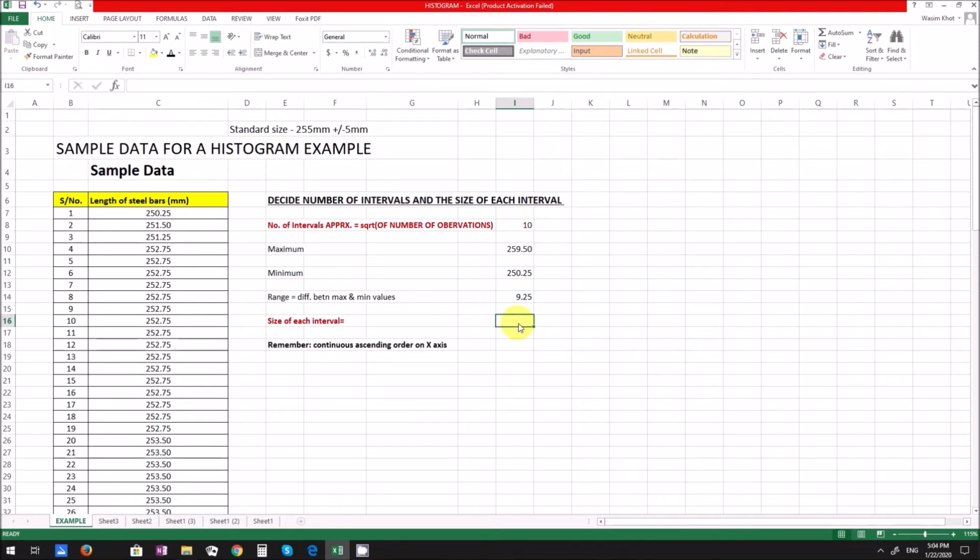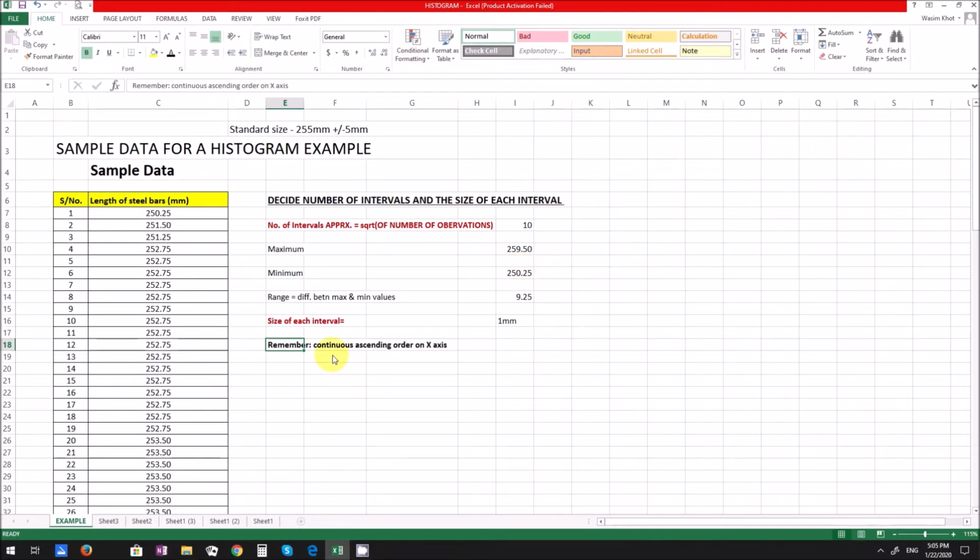So let's say the size of each interval is 1 mm, because the range of the values is around 9.25, so it's around 10 mm, and we want around 10 intervals. So obviously 10 divided by 10, the size of each interval will be 1 mm. And remember that the x-axis values should be continuous in ascending order.